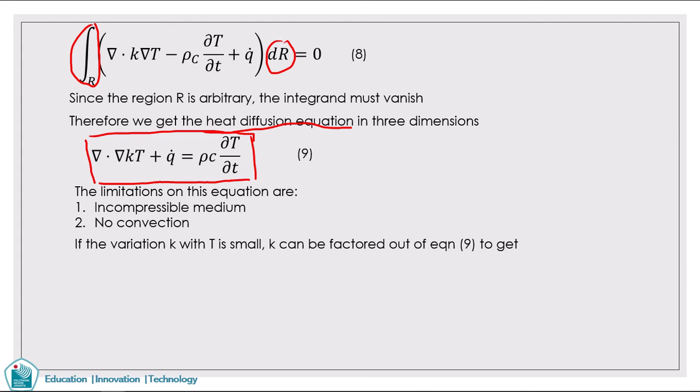If the variation of k with temperature is small, the k, or heat conductivity, can be factored out of equation 9. So equation 9 can be rearranged into this equation.